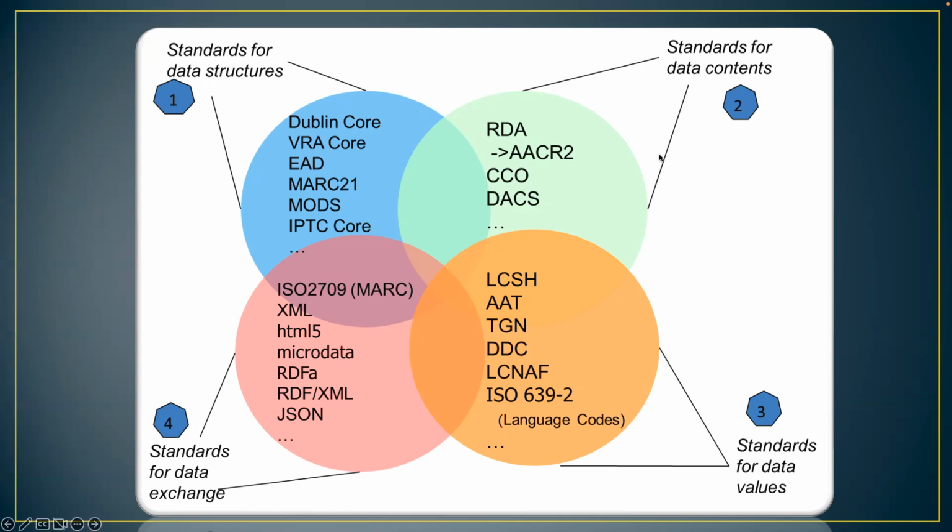And the point of this graph is not just to show you these names, but also to say that there are a lot of overlaps between all these categories, especially when we talk about individual standards. So a lot of the standards can serve more than one purpose, and we will definitely talk about some of these examples when we talk about those standards used in the library world.